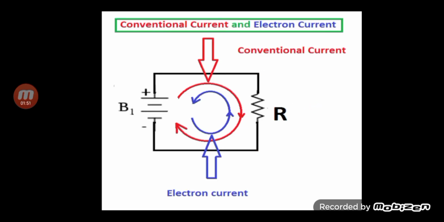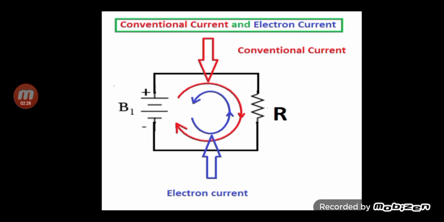Now you can see the direction of both currents in the same circuit. The red one is the conventional current and the blue one is the electron flow. The conventional current is in clockwise direction whereas the electron current is in anti-clockwise direction, showing that electron flow starts from the negative side and moves towards the positive side, and conventional current starts from the positive side and moves towards the negative side.